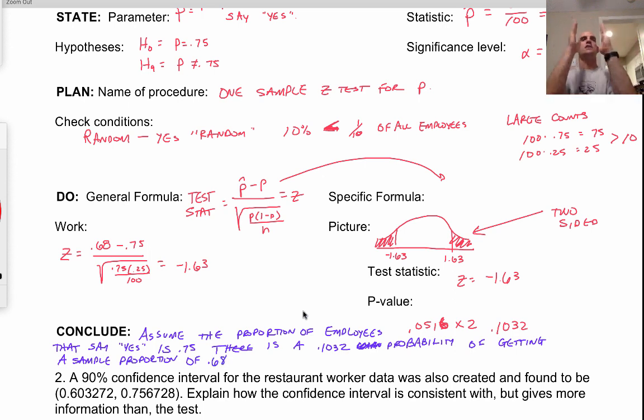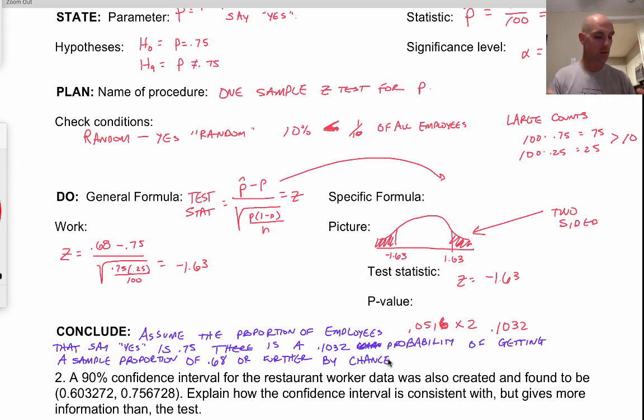Because this tail says, yeah, it's that 1.63, or it could be further, by chance. So it's a 0.1032 probability of getting 0.68 or further. So that means either 0.68 or lower, or 0.67 or 0.66 or 0.65, right?